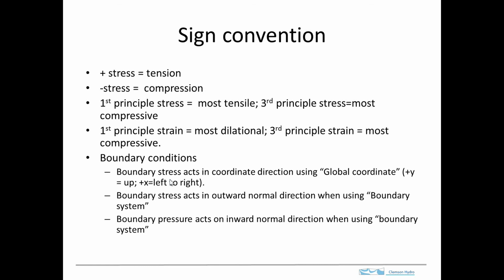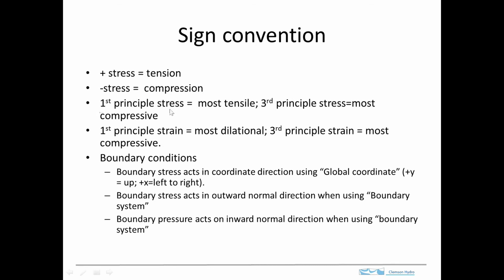Okay, so we need to be cognizant of the sign convention, and in Comsol, it uses the engineering sign convention. So a positive stress is tension and a negative stress is compression. The three principal stresses that define the stress state, the first, second, and third principal stress, are designated using this convention.